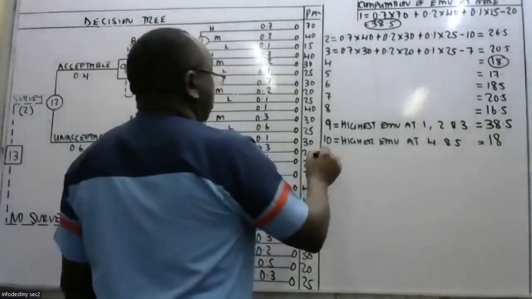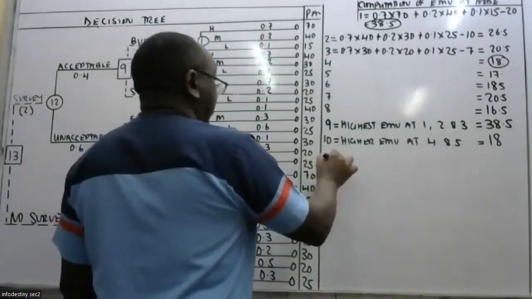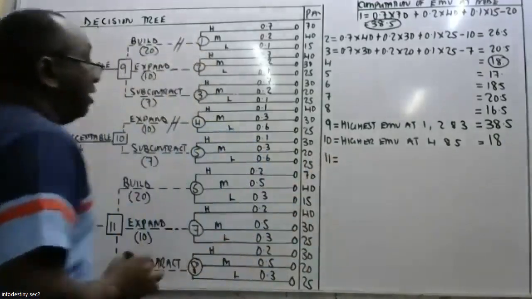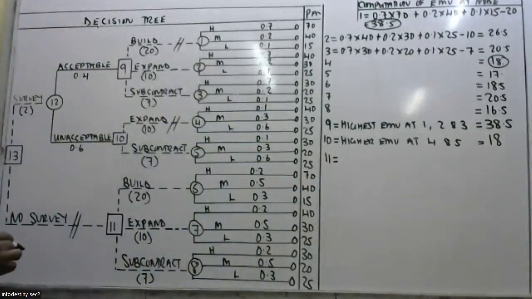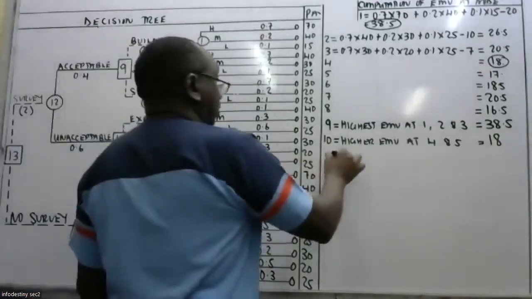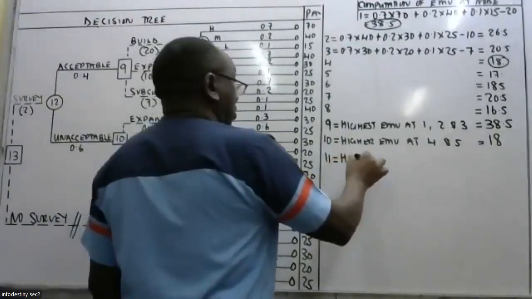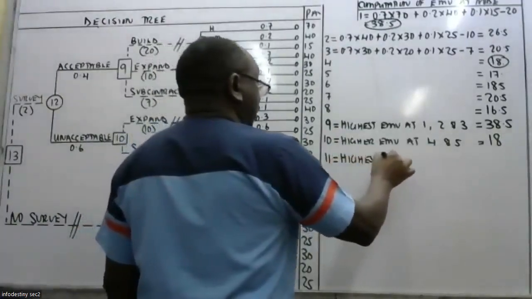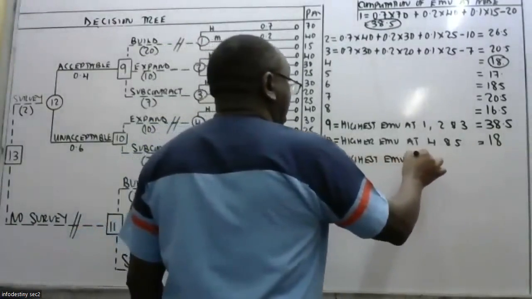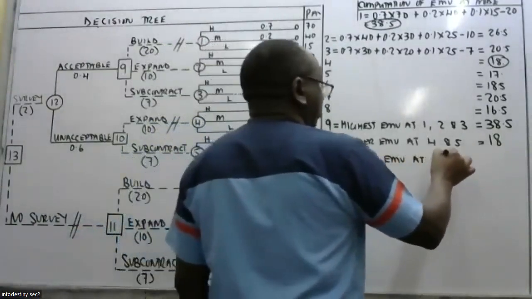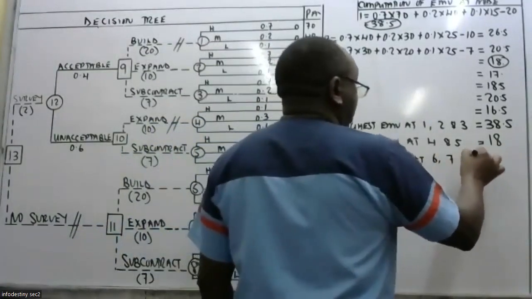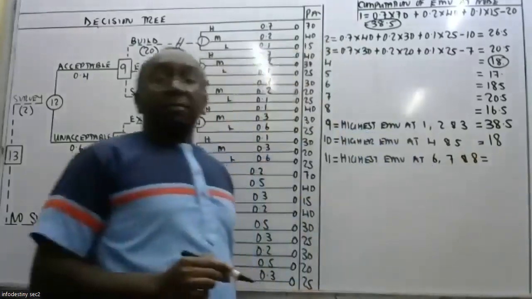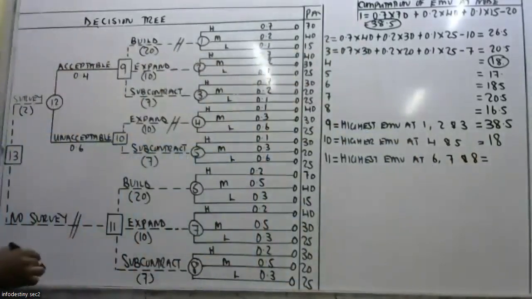Let's go to number 11. Number 11, the same scenario. So we are going to take the highest EMV at number 6, 7, and 8.